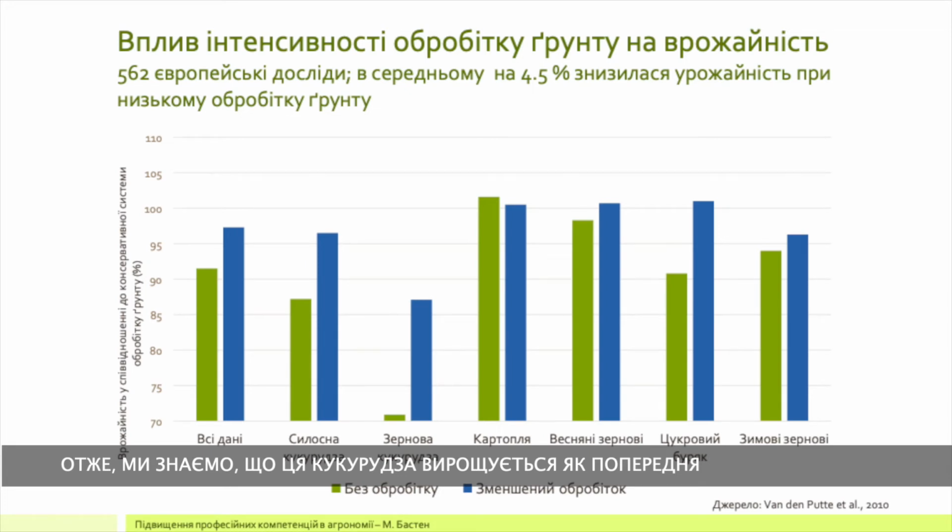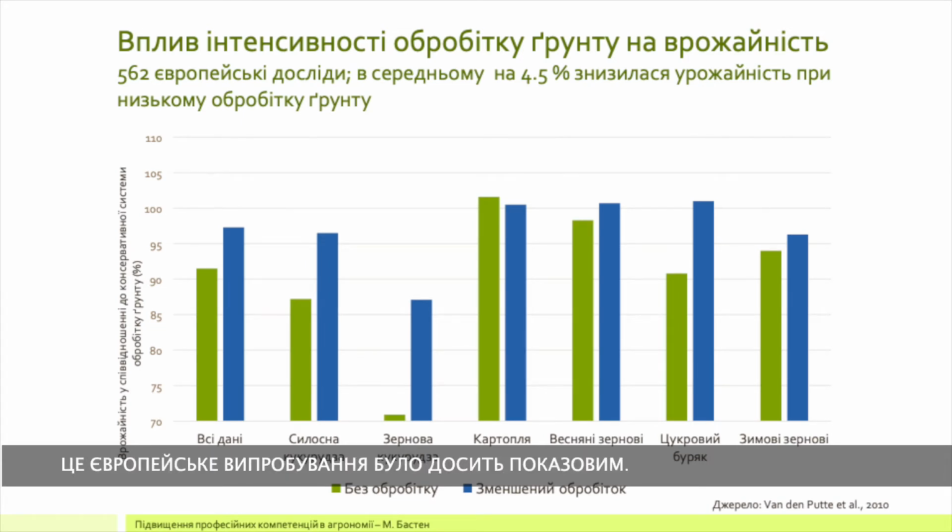We know that if maize is grown as a pre-crop to sugar beet, we need a plow in order to avoid or reduce the root rot. But we also saw in the presentation about root rot that after wheat, for instance, sugar beet with no till is quite okay, and it also helps a bit in reducing the root rot. So sugar beet after winter wheat could be considered as a crop for reduced tillage, not for no tillage, obviously, because you see the yield decrease.